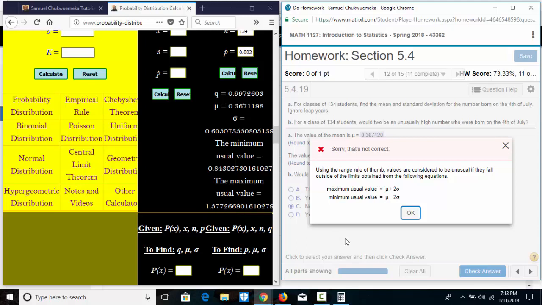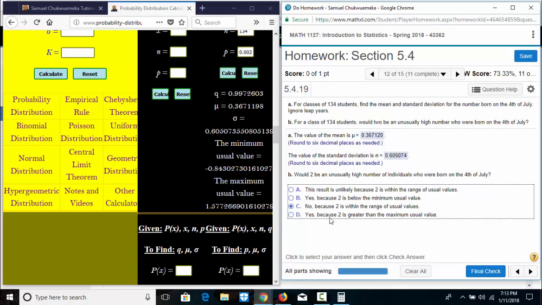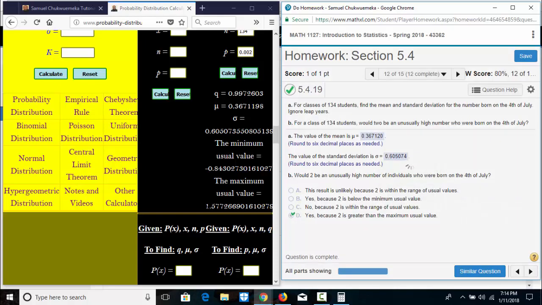But probably from the way it's programmed, 2 is greater than the maximum usual value. So we'll check D. But with human beings, because these are students, it's actually between 0 and 2. We can't have a negative for a human being. And even if it's 1.1 here, with human beings, we've got to put it to 2. We can't have 1.1 human beings. But anyway, we'll check D. Okay? And it's now right.